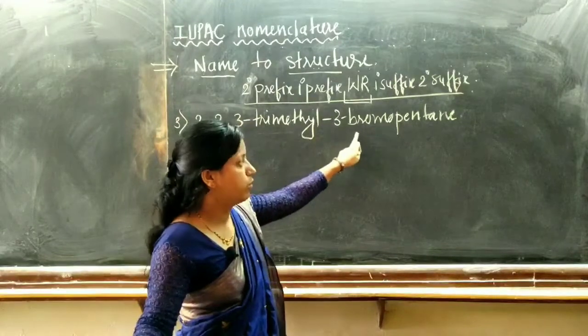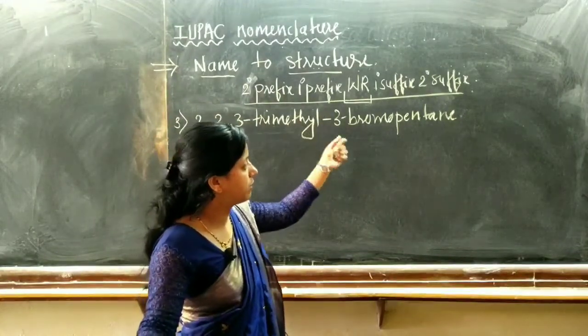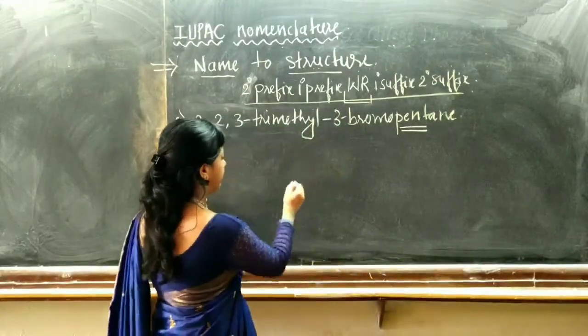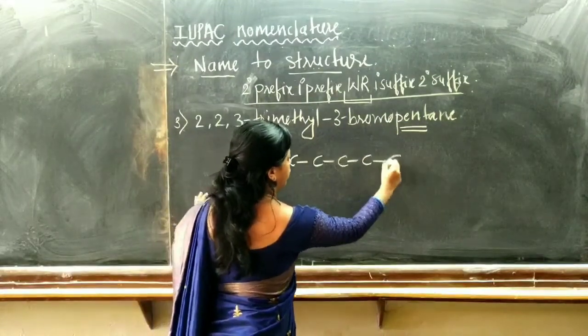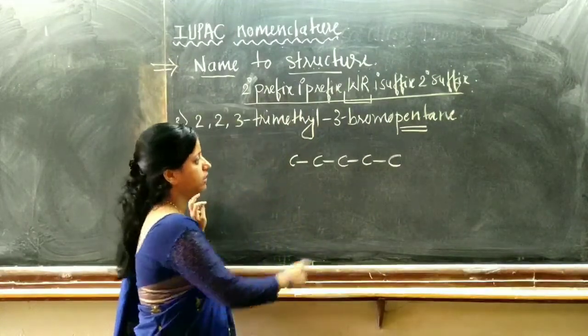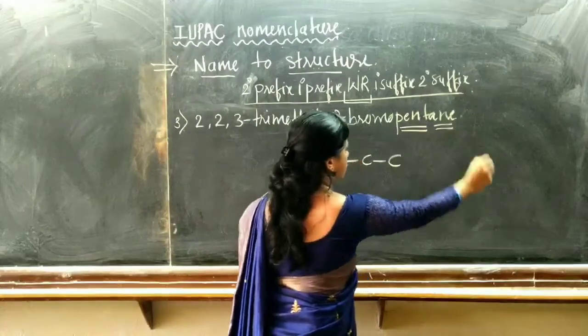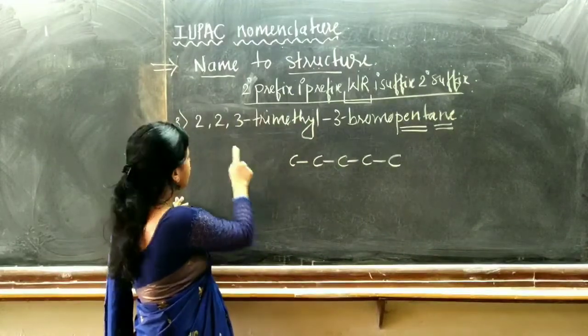Then 3-bromo along with 1 methyl group, so bromo is attached to the third carbon, and this is the word root. It is pentane, so we write 5 carbons. The primary suffix is ane and the secondary prefixes are 2, 2.